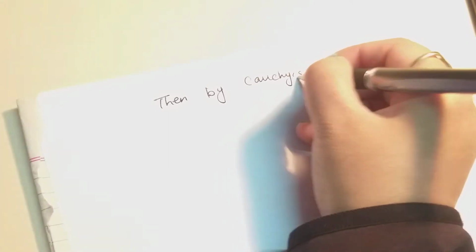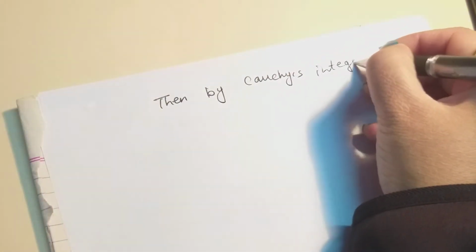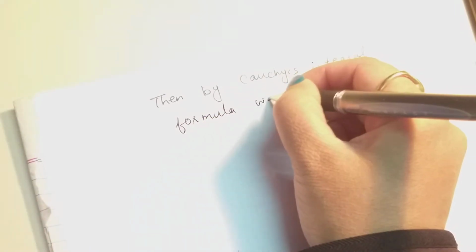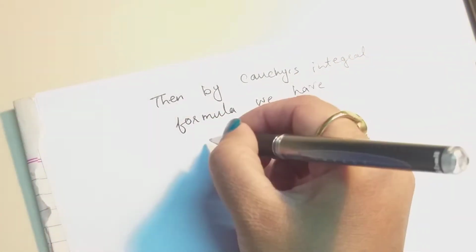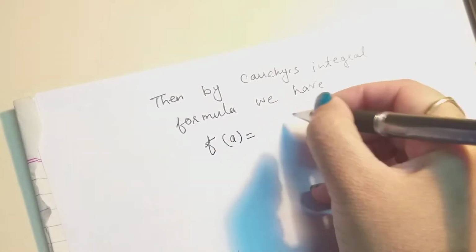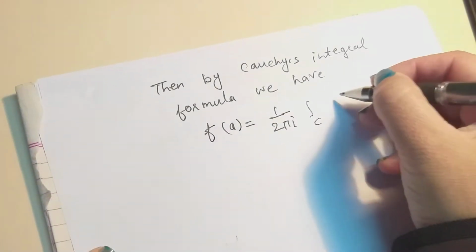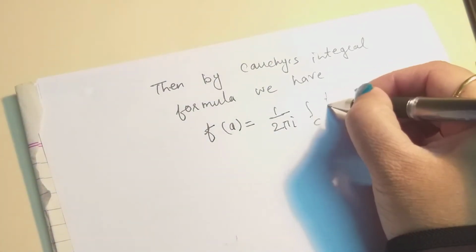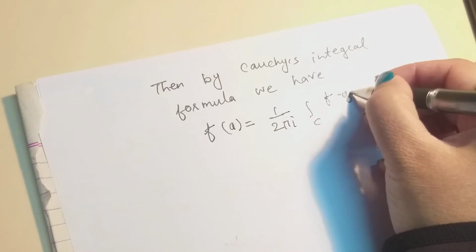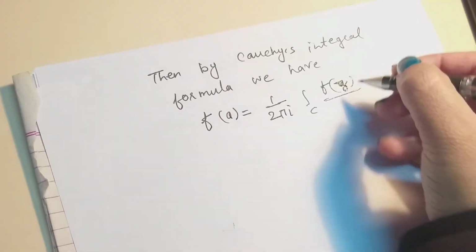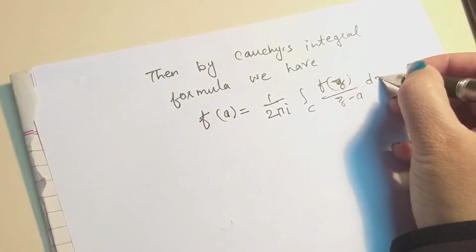Then by Cauchy's integral formula, we have f of a is equal to 1 by 2 pi iota integral over C of f of z divided by z minus a dz.